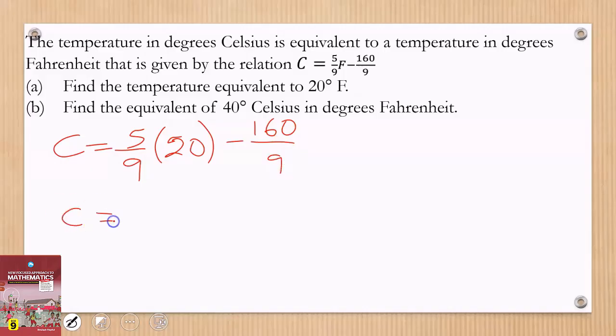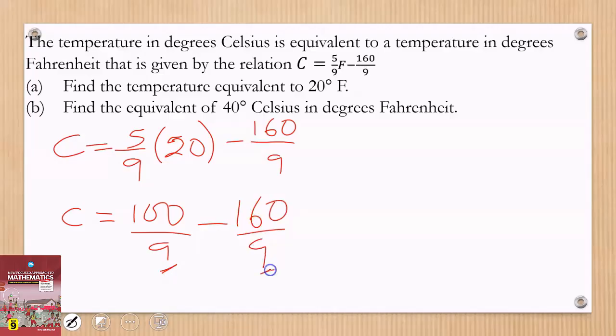Now our C can be calculated as 5 times 20, which gives us 100/9, minus 160 also over 9. Since the denominators are of the same value, we can just subtract the numerators, and then we have negative 60/9.